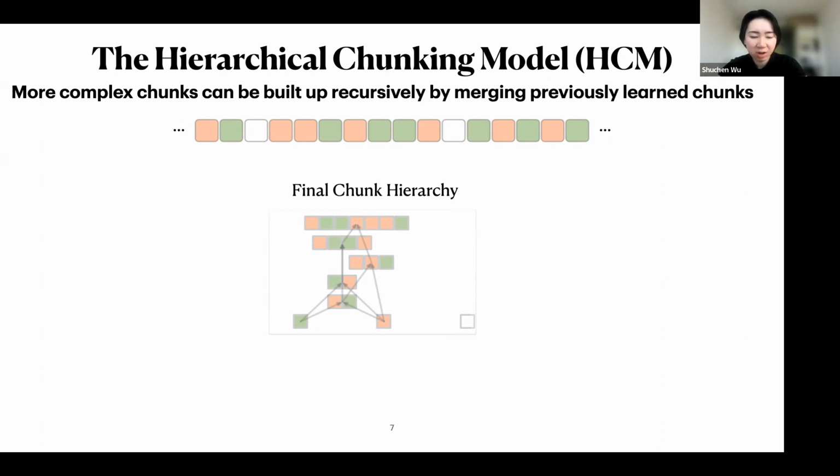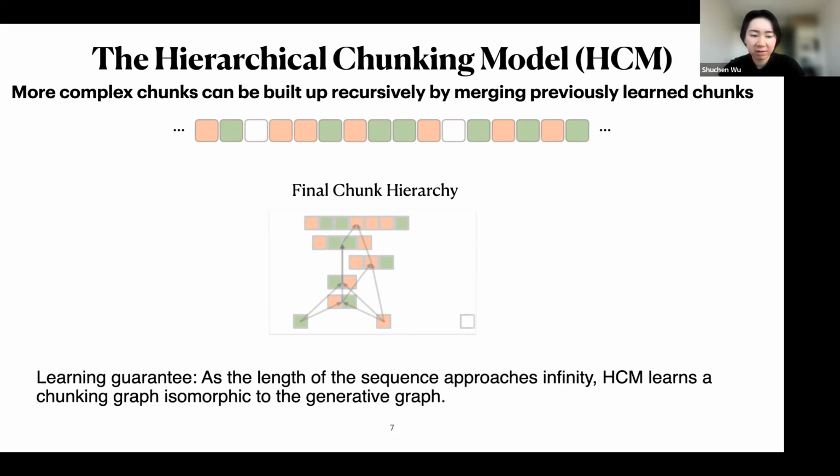Based on this particular generative model, we have derived a learning guarantee: when the length of the sequence approaches infinity, this learning process learns a representation that is isomorphic to the generative graph.